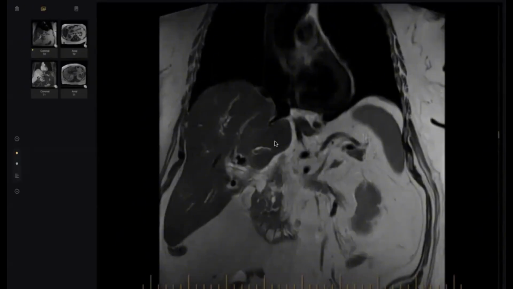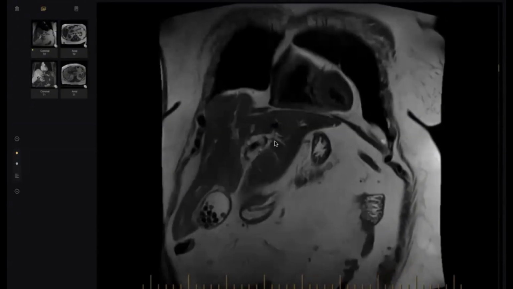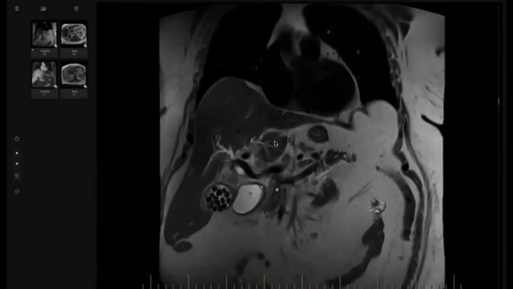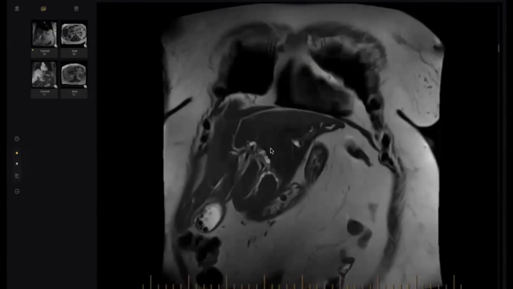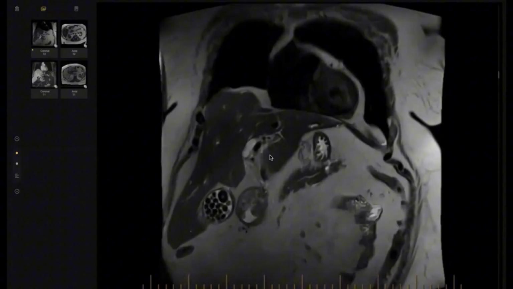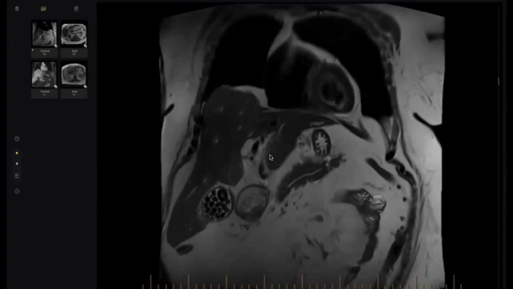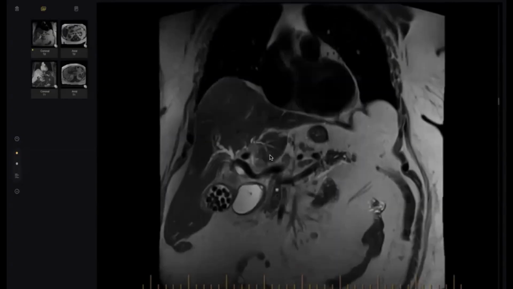I can see that there is mild dilatation of the gallbladder, which is seen filled with multiple hypointense rounded structures representing calculi.